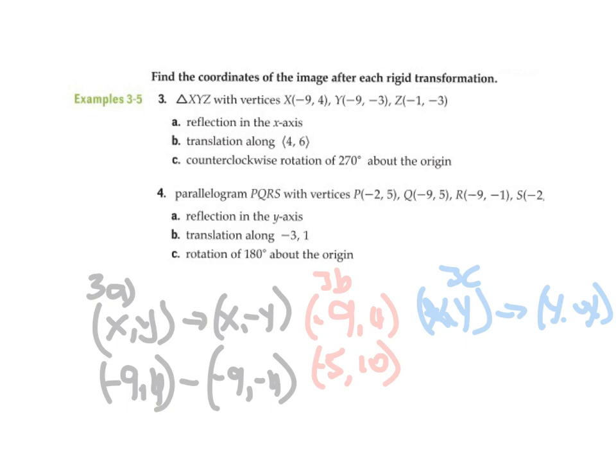We're doing your negative 9 and 4 still. What happens is you swap them. So it's going to go 4 there, and your x is negative 9, so the negative of it is a positive 9. Once you've done that for all 3 of your points, now you can plot them all.